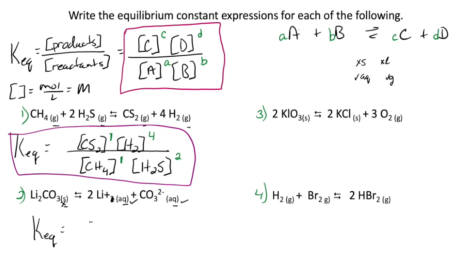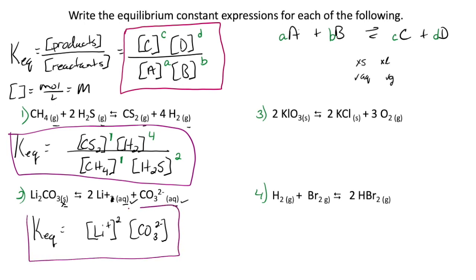So in order to write our products, we have lithium ion raised to the second power, and we have CO3 2-. If you notice, the charges are going inside. The only thing that goes outside for the power is the coefficient, in this case 1. So when there's a 1, we do not have to write it. And this is the equilibrium constant expression for this problem.